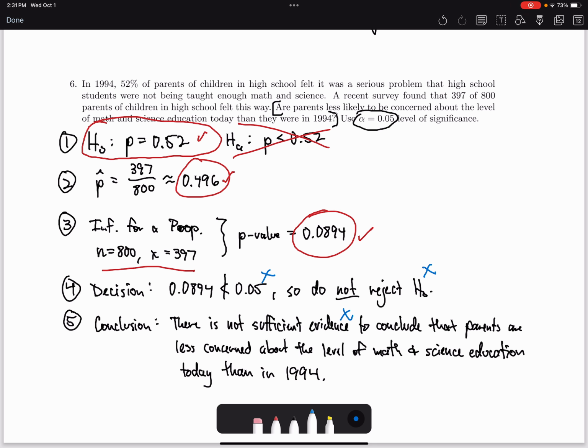It is always this way with hypothesis testing. There's never any mixing and matching. There's never a case where you'll decide not to reject the null hypothesis, but then turn around and say that there is sufficient evidence to support the alternative, right? All of the positive statements go together, all of the negative statements go together.